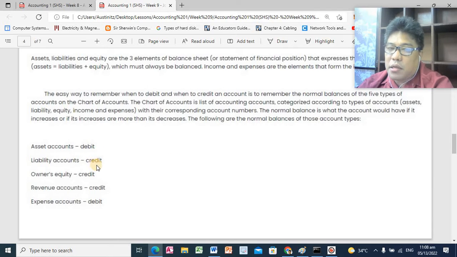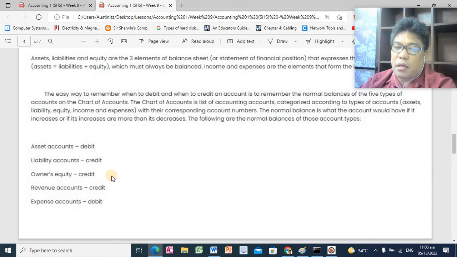For liability, if there is an increase, the entry will be on the credit side, and a decrease will be on the debit side. Owner's equity, when there is an increase, will be on the credit side, and when there is a decrease, it will be on the debit side.